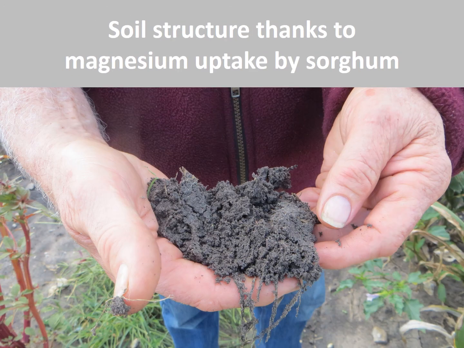Now, sulfur also brings oxygen into contact with the surfaces of all your soil particles. So when you get the sulfur at the proper levels, your soil crumbles. You look at this soil that was in the vicinity where the sorghum had enough sulfur and enough magnesium, and the soil crumbles. It's a beautiful crumb structure.